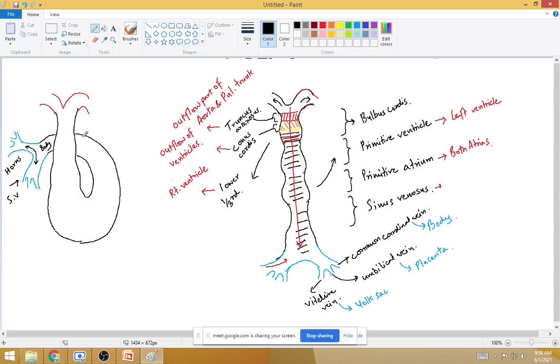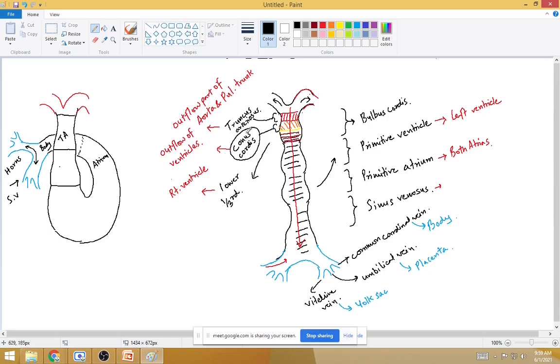After that, this part is the primitive atrium. This area is the truncus arteriosus. After the truncus arteriosus, what is there? The primitive ventricle.